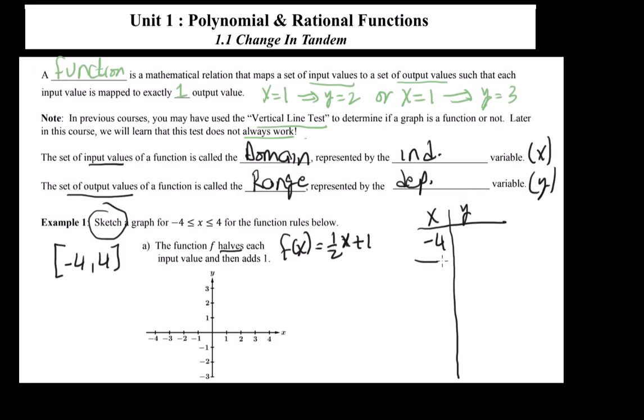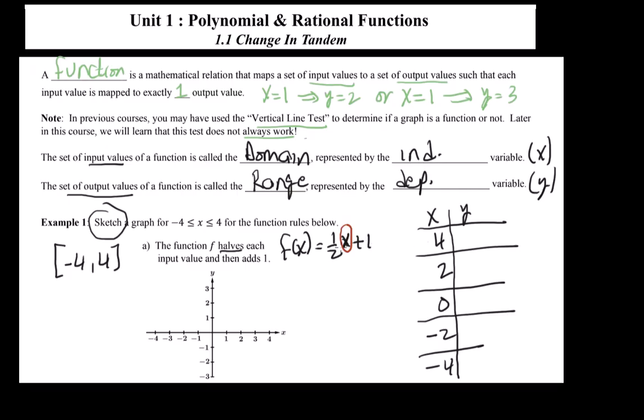Let me start at the top, +4, then 2, then 0, then -2 and -4. We're using direct input, replacing directly every place where we see the x.